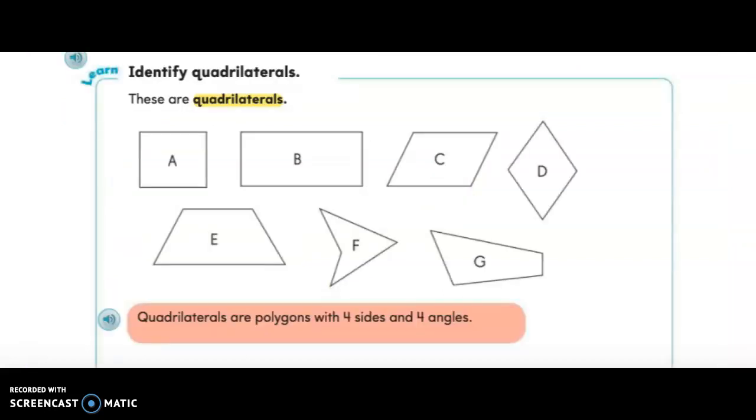This piece of this that we're going to talk about is quadrilaterals. So quadrilaterals are polygons with 4 sides and 4 angles. So if we take a look at these shapes, all of them have 4 sides. They're all closed figures, so they're polygons, but they would be classified as a quadrilateral.